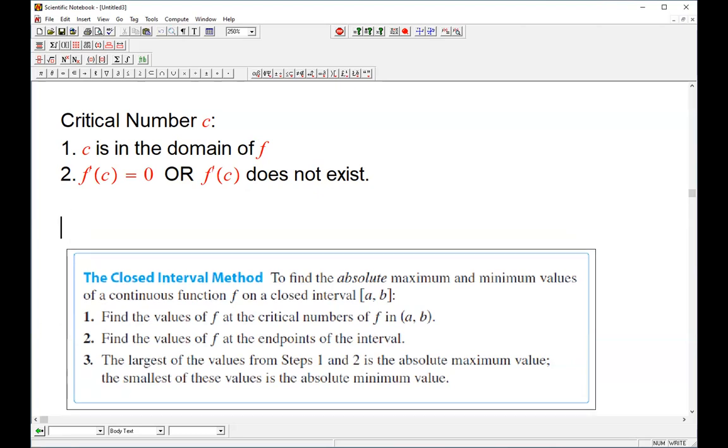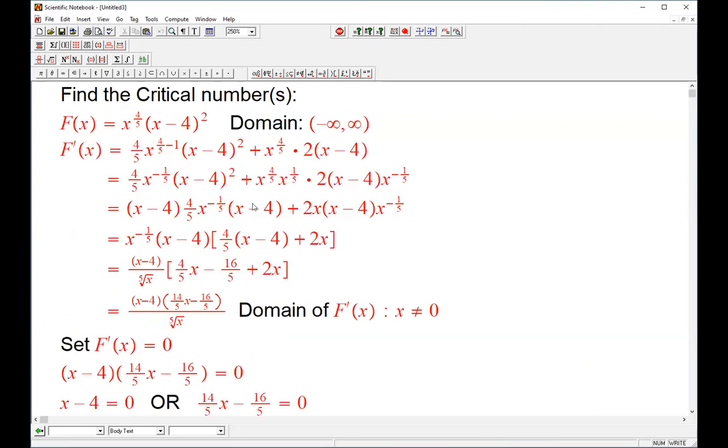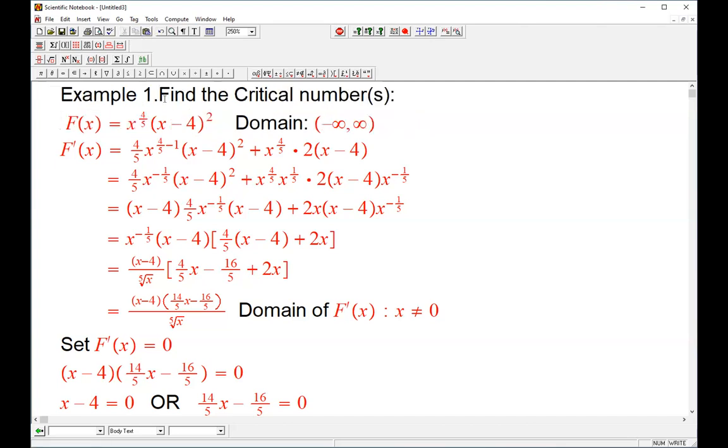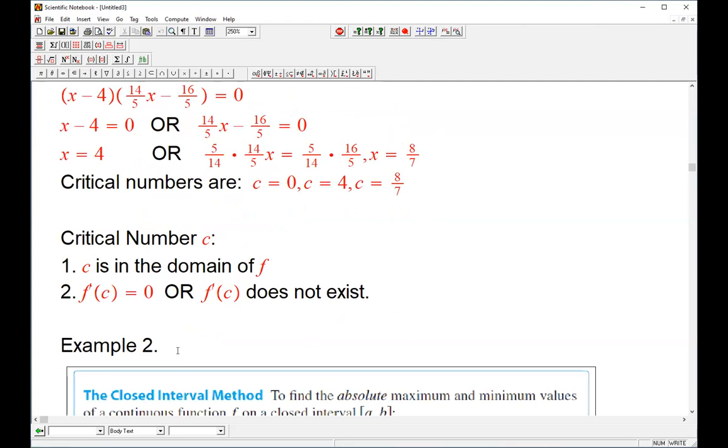This is example number 2 now; the previous one was example number 1, where we find all the critical numbers. You know how to do that. For example number 2, we're going to do the following.